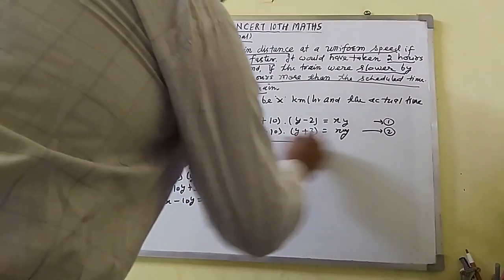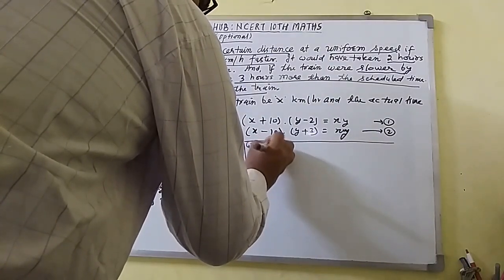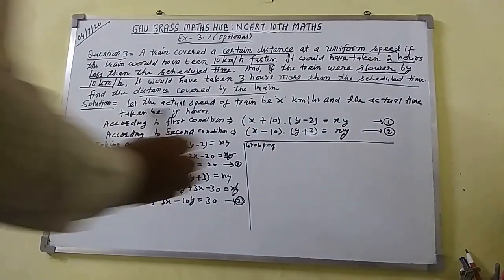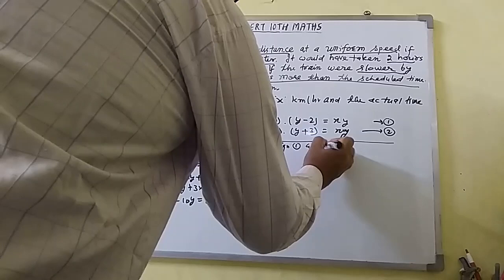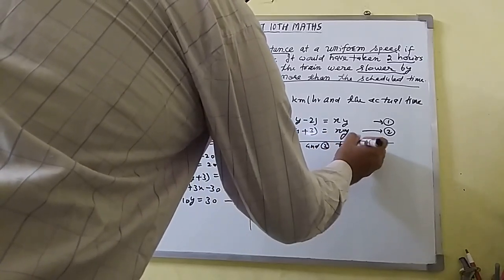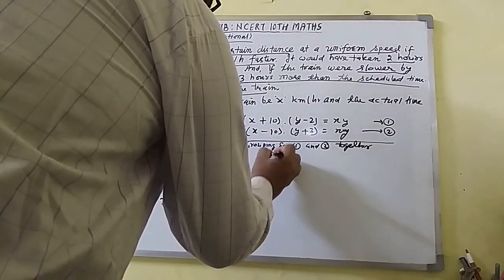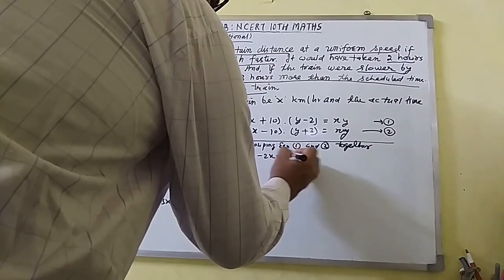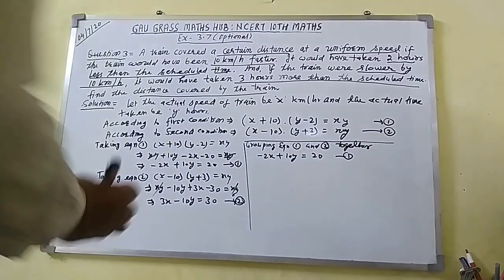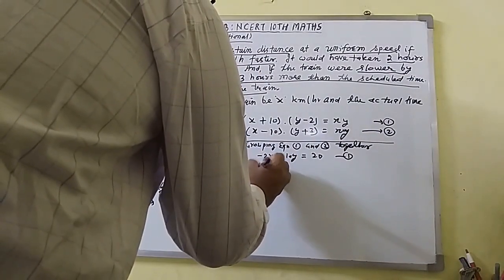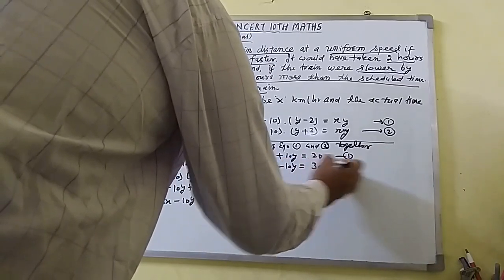Now here I shall write grouping equation number 1 and equation number 2 together. Equation number 1, minus 2x plus 10y equal to 20. Now the second equation, plus 3x minus 10y equal to 30.